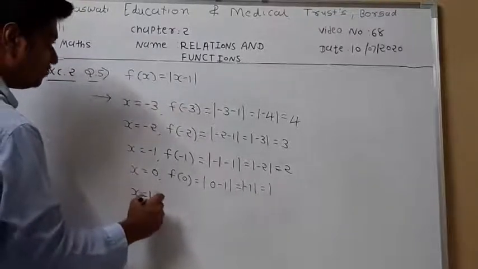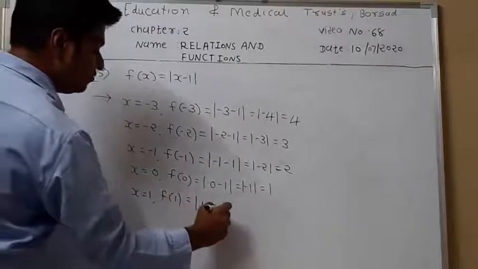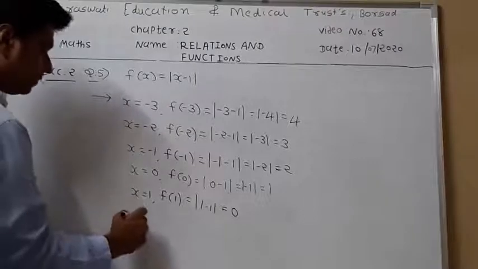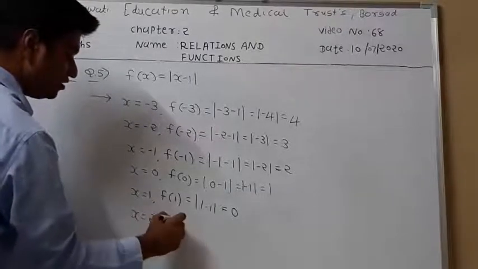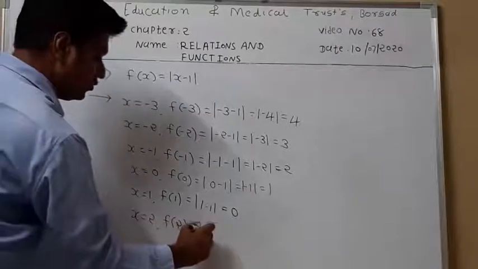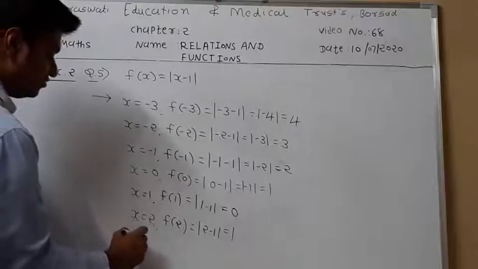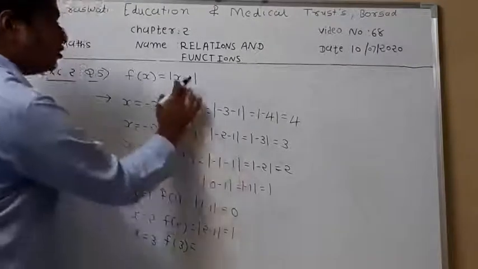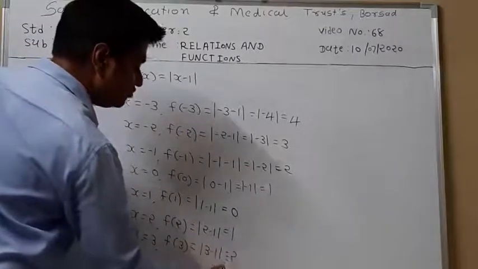X is equal to 1, so f of 1 is modulus of 1 minus 1, that means 0. X is equal to 2, so f of 2 is modulus of 2 minus 1, that means 1. X is equal to 3, so f of 3 is modulus of 3 minus 1, that means 2.